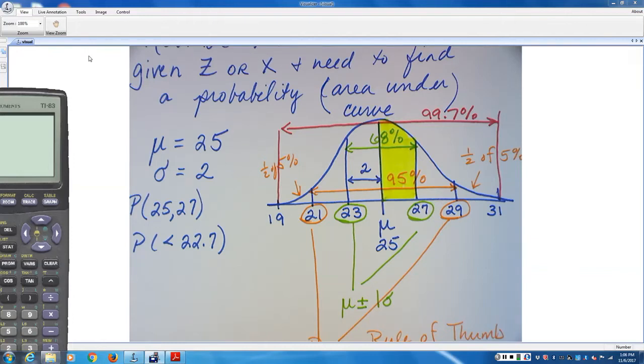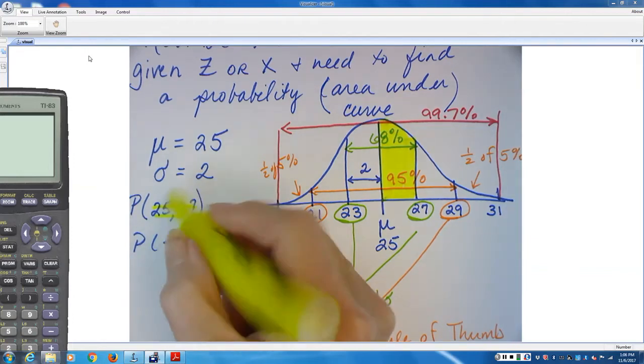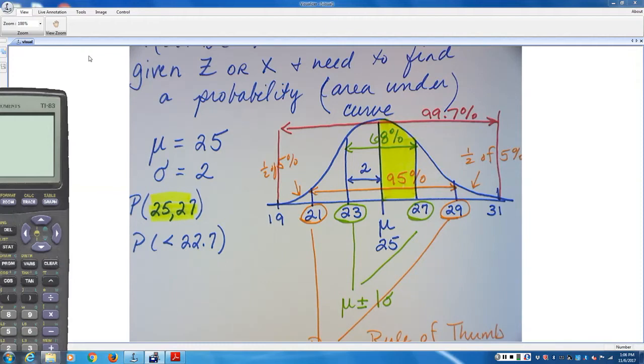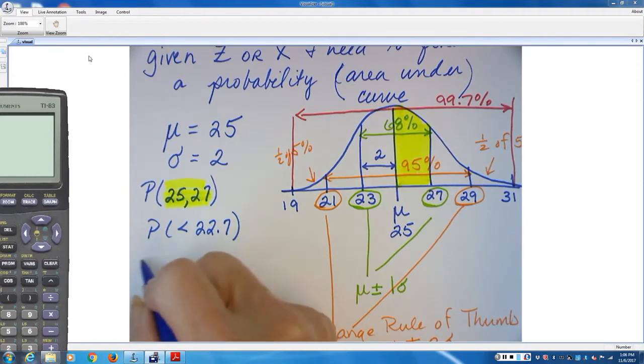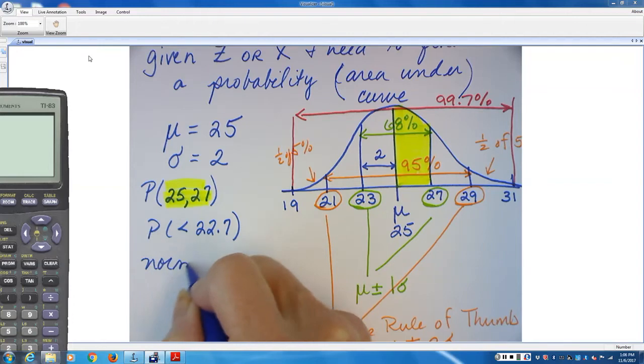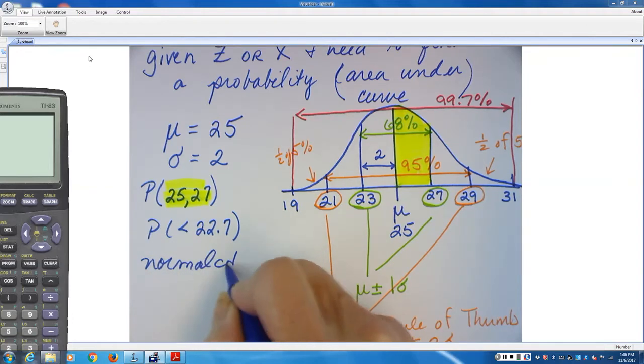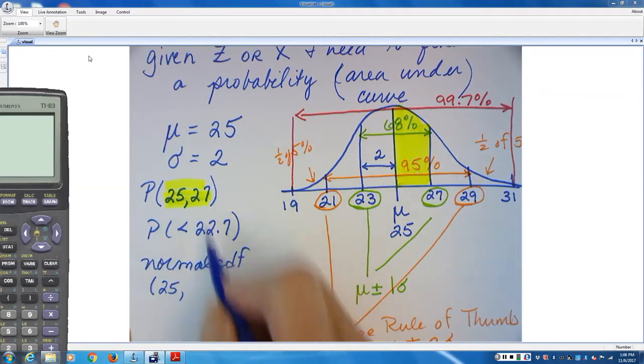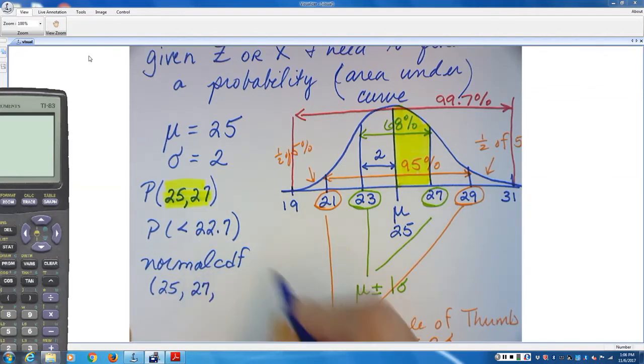And that probability, being from 25 to 27, I would find by saying normal CDF and going from a low of 25 to a high of 27 with a mean of 25 and a standard deviation of 2.